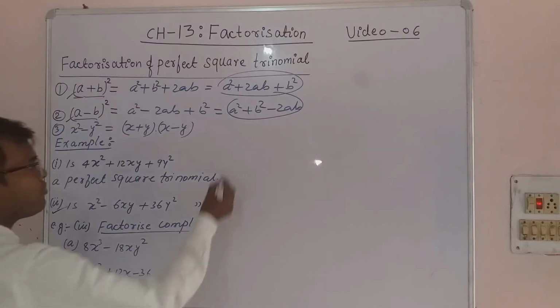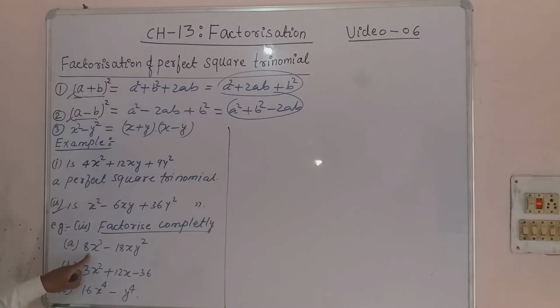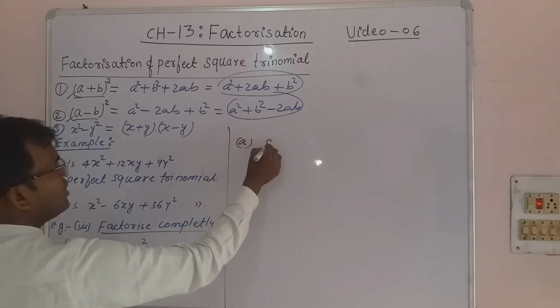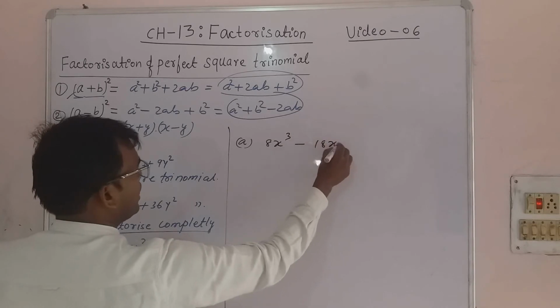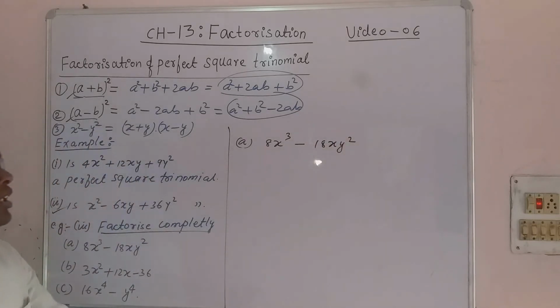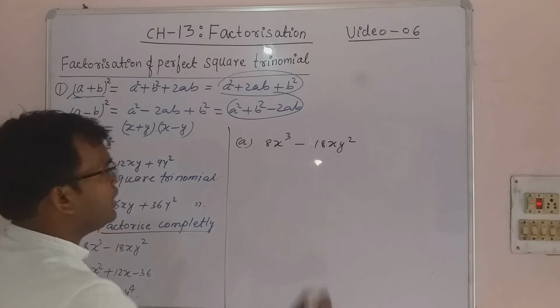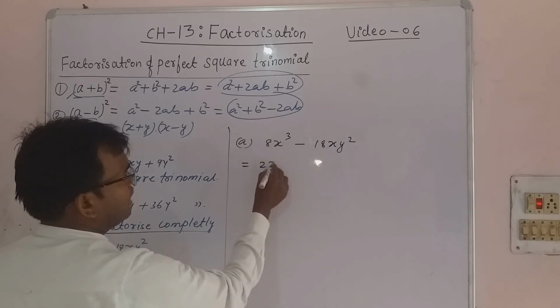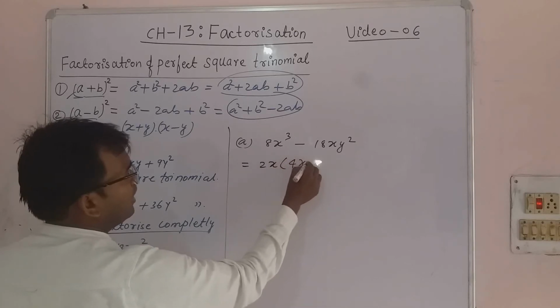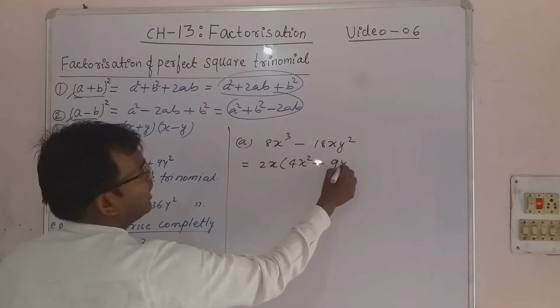Now see, first the a part: 8x cube minus 18xy square. In both you can take common 2 and x. So it will be 2x times (4x square minus 9y square).